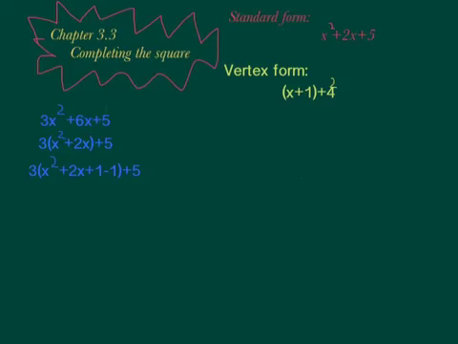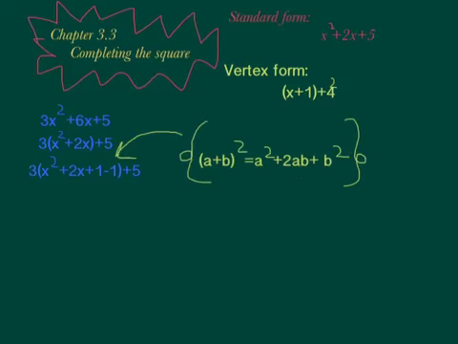Okay, now, the whole idea of completing the square was to get something like this. Okay, this now matches our a plus b squared formula. Okay, if you don't remember it, how about I pop it up over the side here. One second. Okay, so here's my formula, just to remind you.